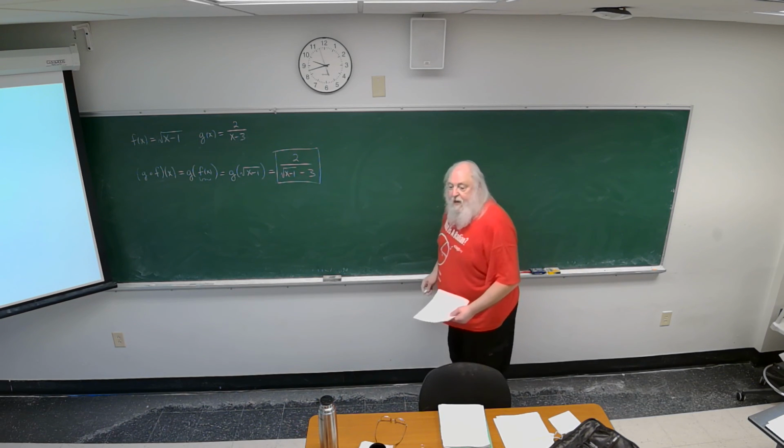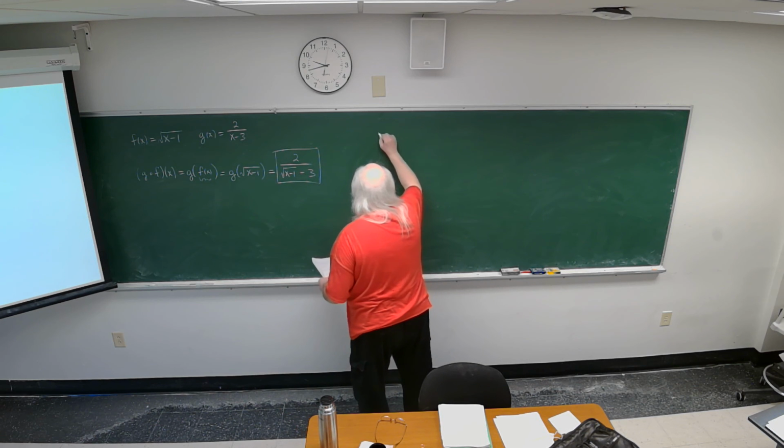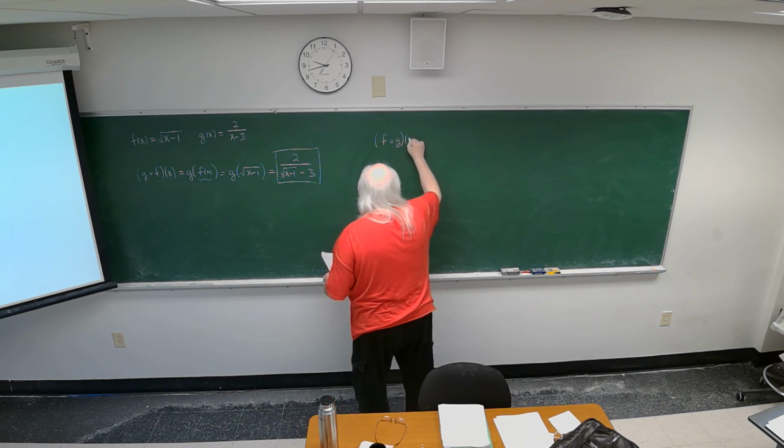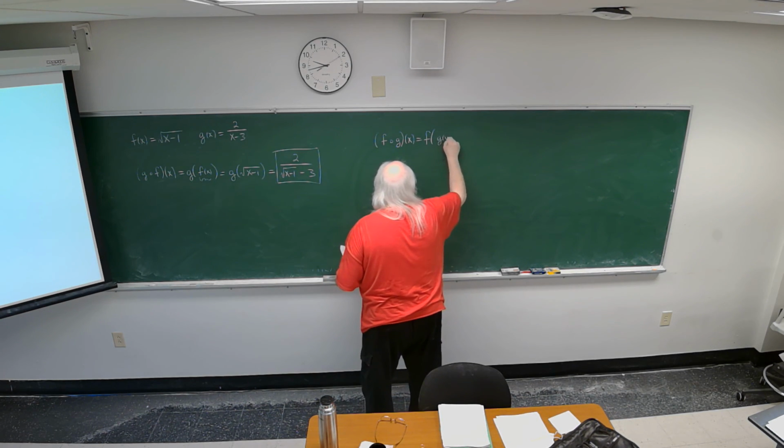Any questions on that? In B, you have to find the composite of f with g as a function of x. That's f of g of x.